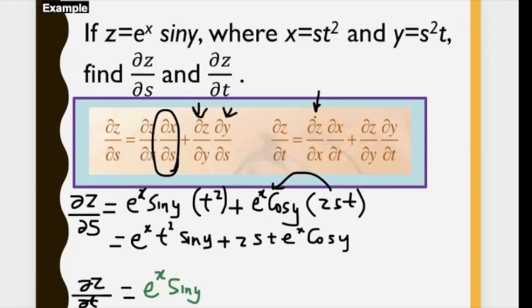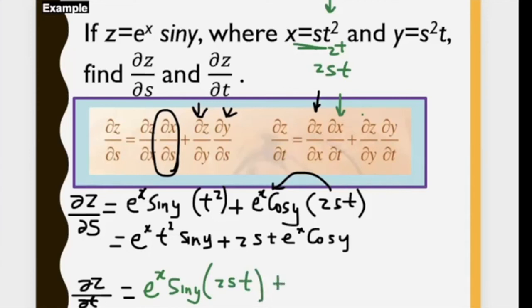Then we find the partial derivative of x with respect to t. Looking at this, here's my t, differentiate it to get 2t, having my s. So I can write this as 2st. So therefore, right here, I will have 2st.